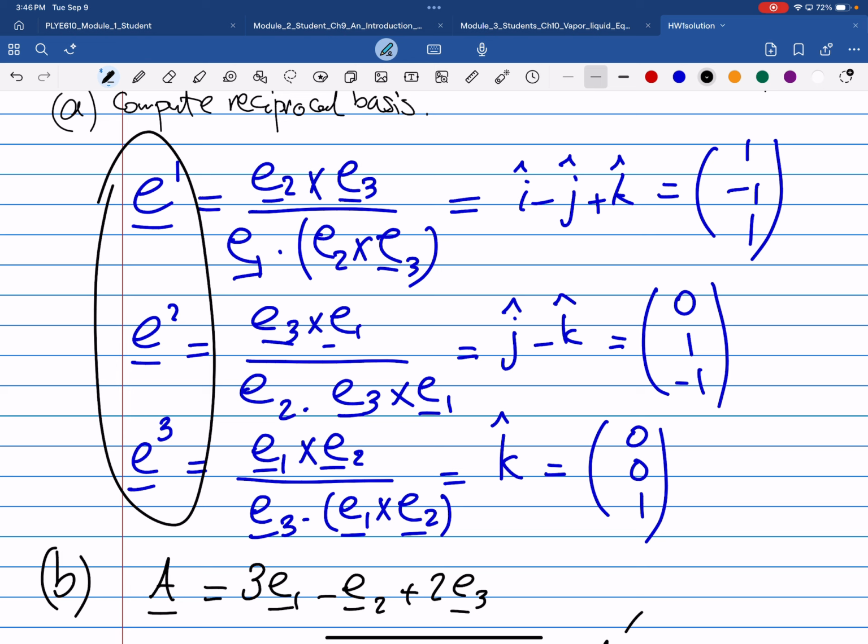Does it make sense? Think about this. Then I need to calculate the reciprocal of these coordinates. So I don't need to calculate; it is going to be the original. So that's the rationale here.